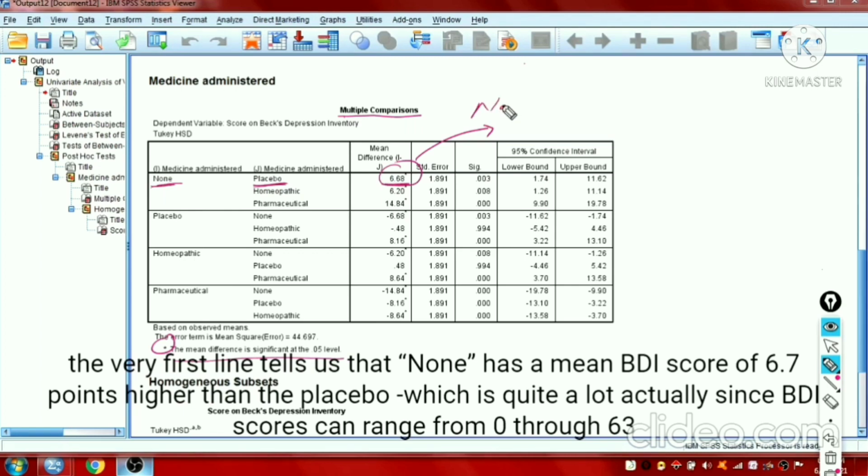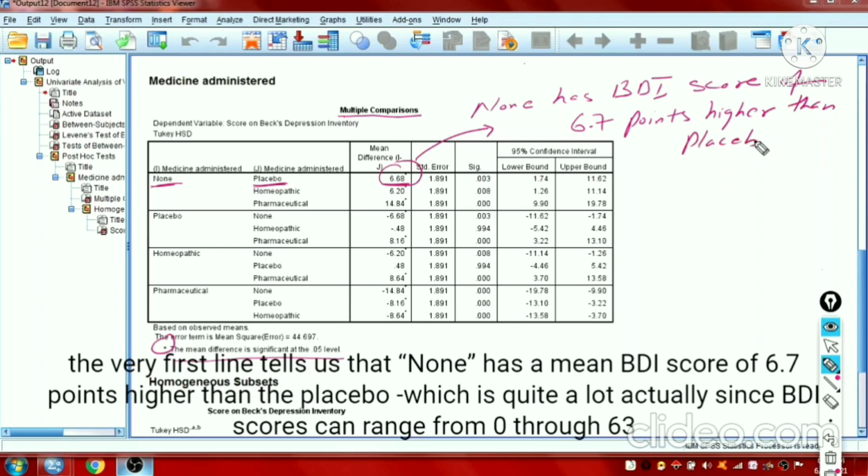None has a mean BDI score 6.7 points higher than the placebo, which is quite a lot, since BDI scores can range from 0 through 63.